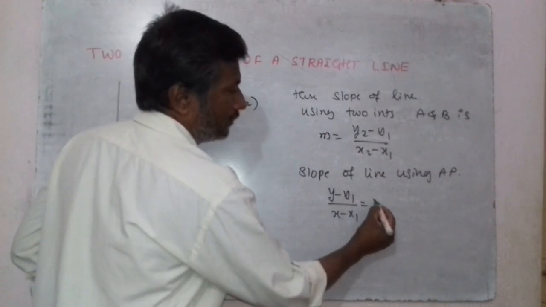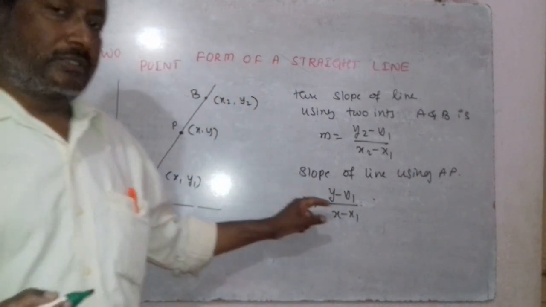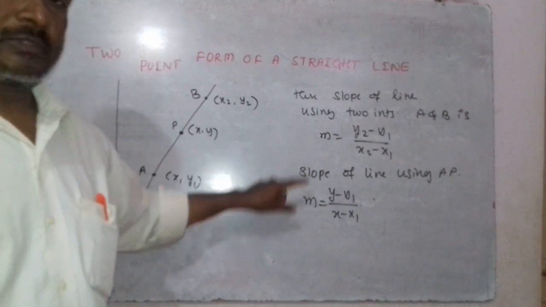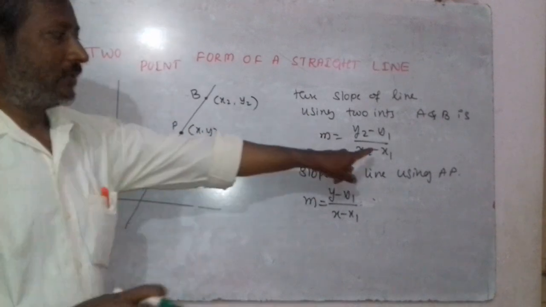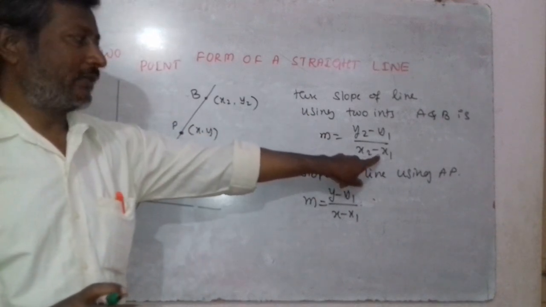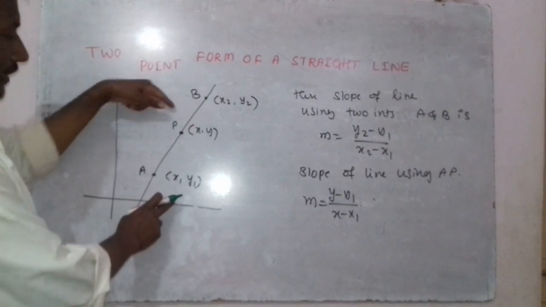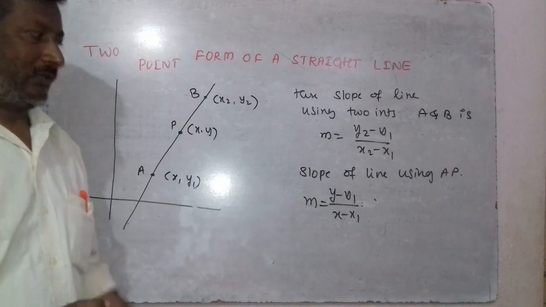This is also equal to m, since we are considering the same line, so the slope is constant.